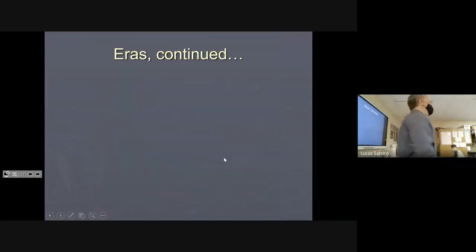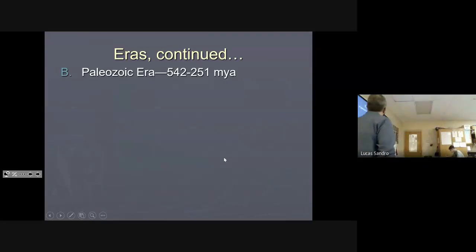So starting 542 million years ago with the Paleozoic era, which begins with what we call the Cambrian explosion, when, because sex and multicellularity had just evolved, there was this huge branching out and quick evolution of animals into niches.